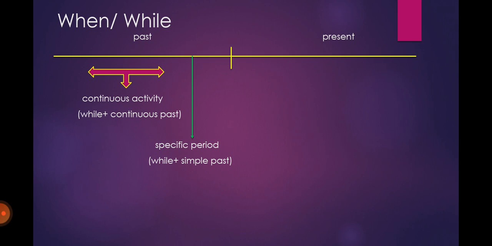So in this case, it is a continuous activity. That's why when you use while with the continuous past tense, we use it plus continuous past tense. So the tense of the time clause when it starts with while is continuous past tense.